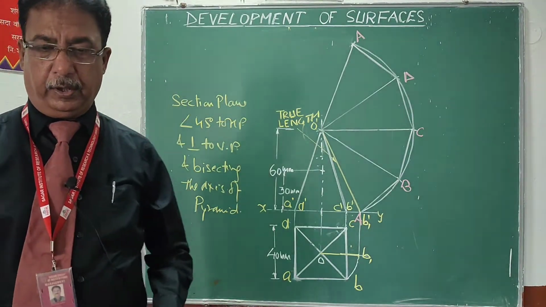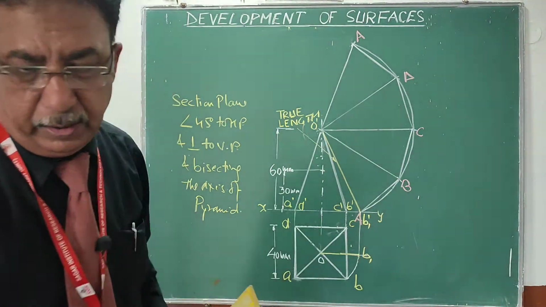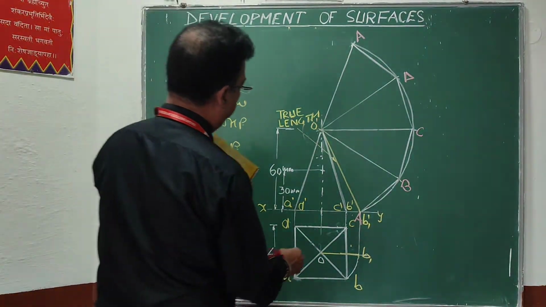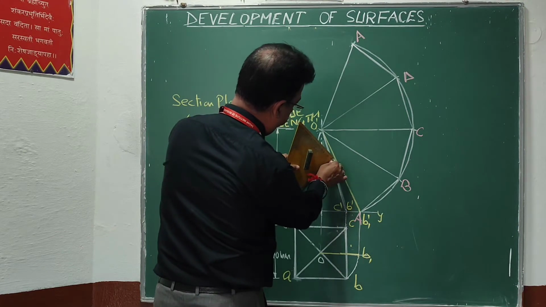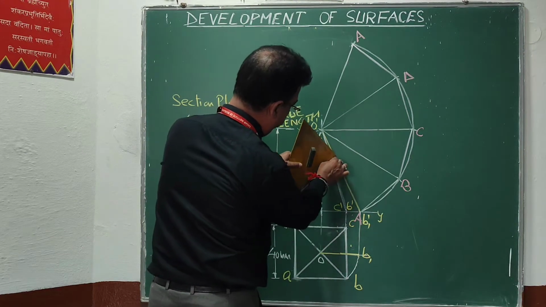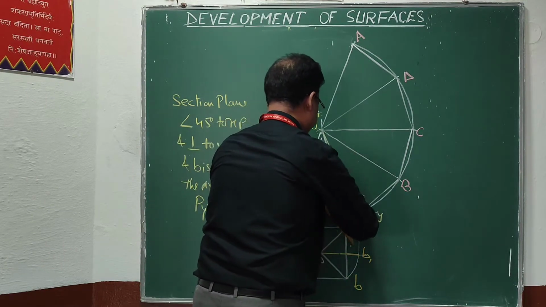So what I am going to do now, I am going to cut this solid by a section plane which is 45 degree inclined like this, 45 degree inclined to HP.